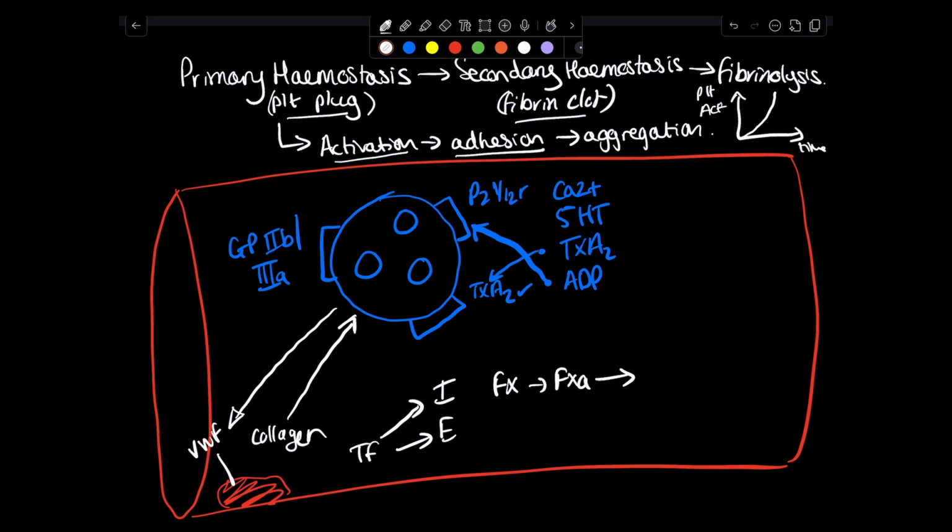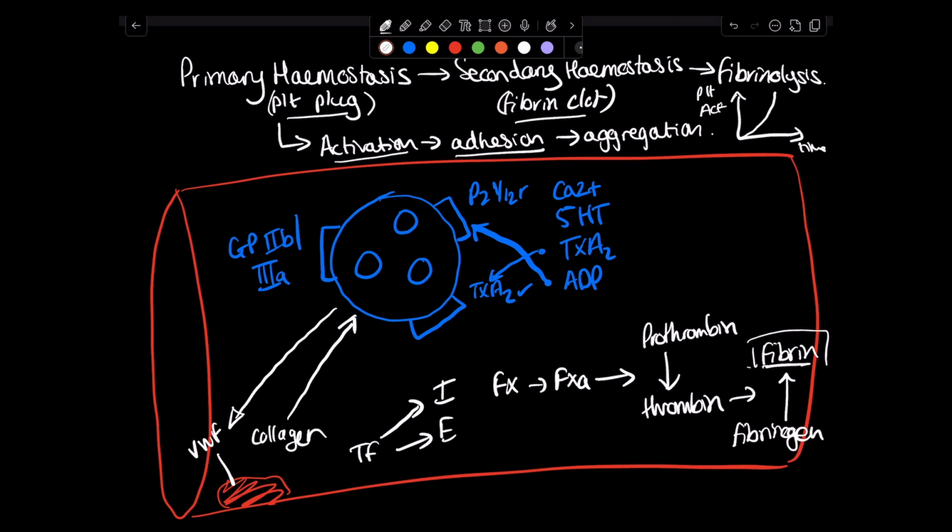Factor 10A then causes the conversion of prothrombin into thrombin, which then leads to the conversion of fibrinogen into fibrin. This is known as the secondary hemostasis, or the formation of the fibrin clot, and this is the mesh-like structure and stabilizes the clot itself.